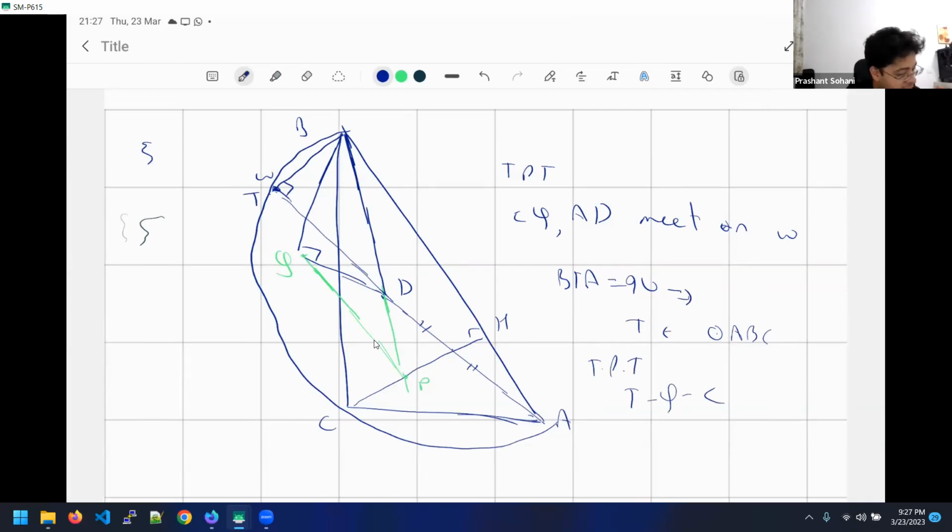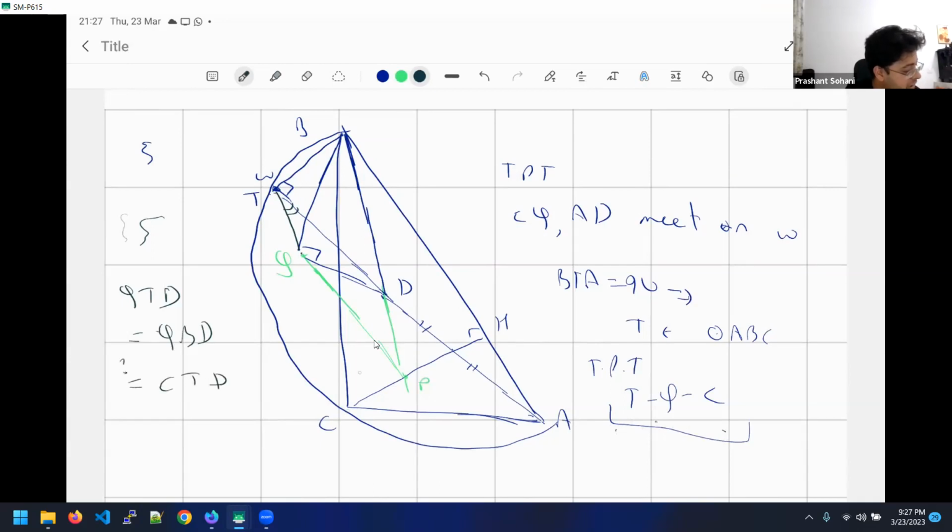If we continue to expand along these lines, what is an equivalent statement of showing that T, Q, C are collinear? With some basic angle chasing, you have two sets of cyclic quadrilaterals here. One is the semicircle with diameter BD, because of which angle QTD can be chased and is equal to QBD. If T, Q, C are collinear, then this angle should also be equal to angle CTD.